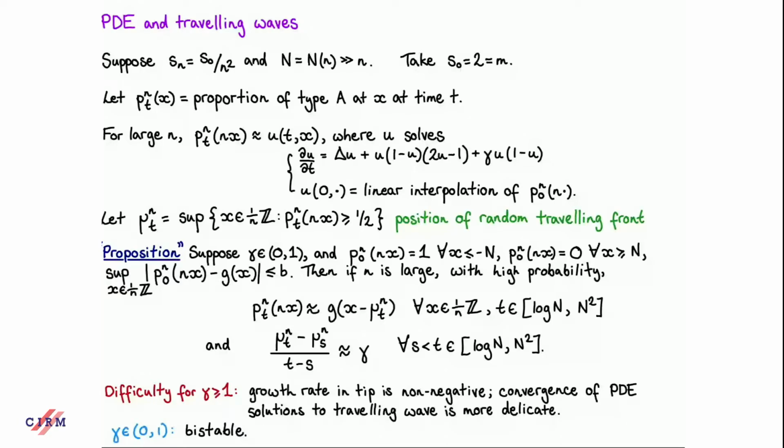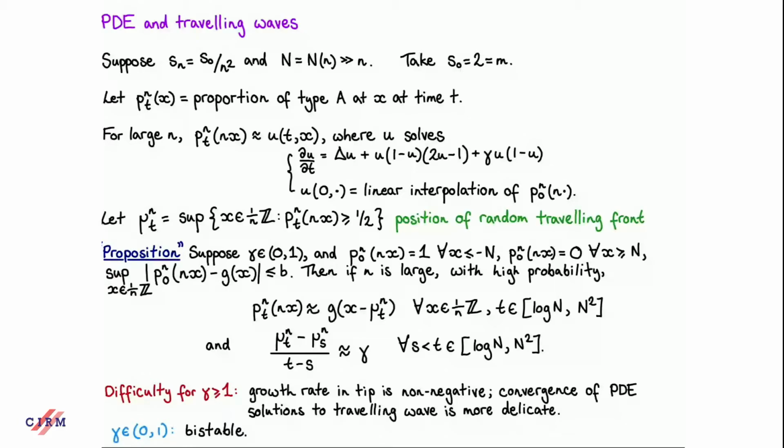So what we can show is that the random travelling front moves to the right at roughly speed gamma, and it has a shape that's roughly given by this explicit function g. So we can show that rigorously in the case where gamma is strictly between 0 and 1. This is a rough form of a result that we can prove rigorously.